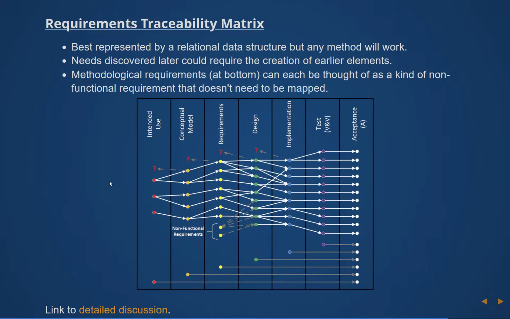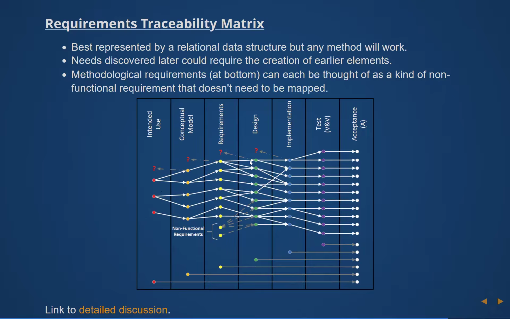What this is showing us is that everything we do has to map in both directions to something in the adjacent phase. So all the requirements we have to address what's in the conceptual model, and also everything that's in the intended use with the overall business need.